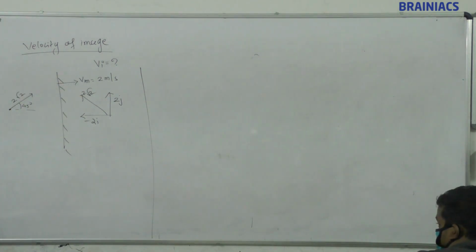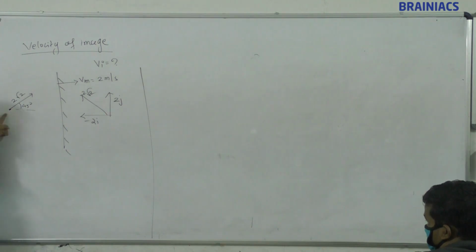Both are moving at the same speed. Does it increase? No. Does it decrease? No. The distance is not increasing, because the object is also moving. I am walking, you are also walking with me.